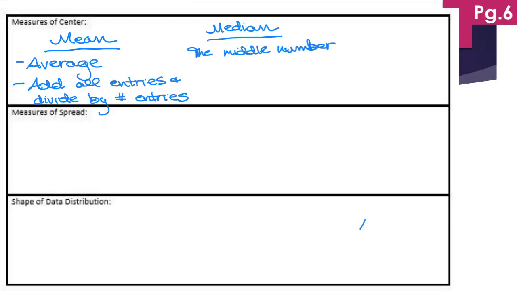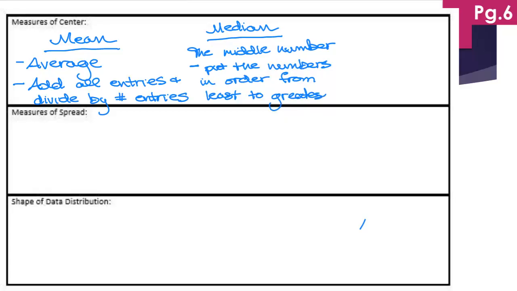Okay, the middle number. And to get that middle number, this is very, very important: you have to put the numbers in order from least to greatest.